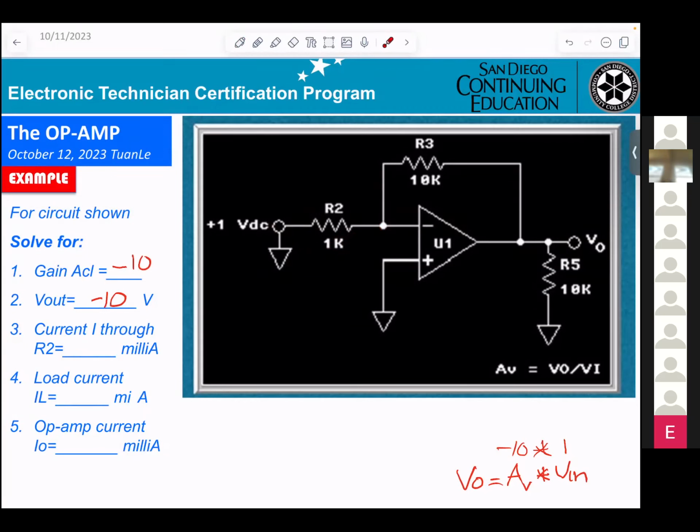Then by R2, so it'd be 1 divided by 1 kilo ohm. So it's 1 milliamp. Okay.